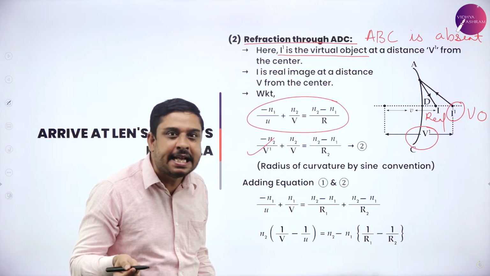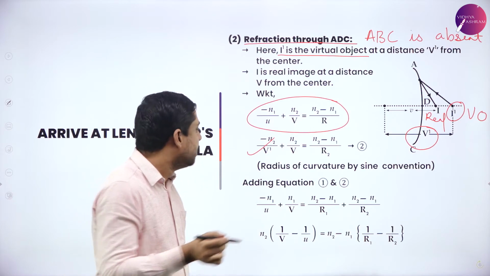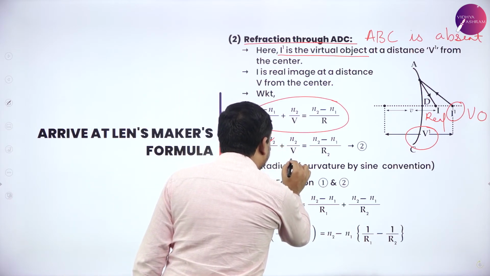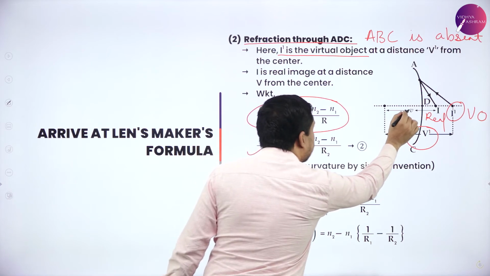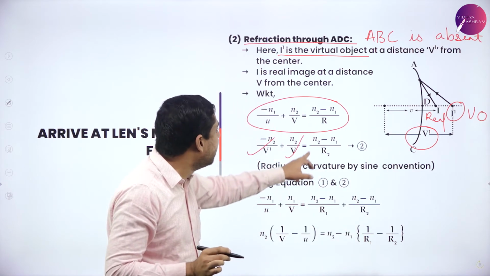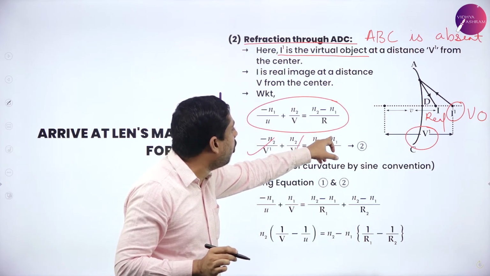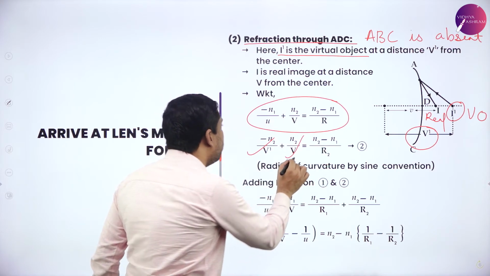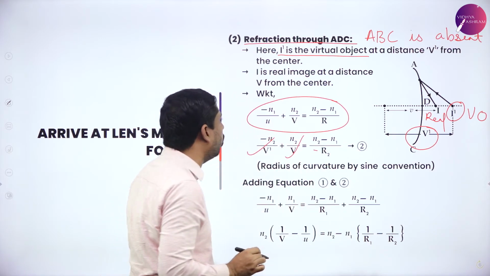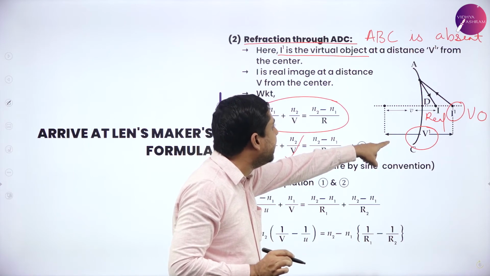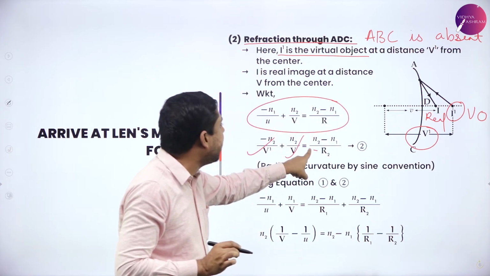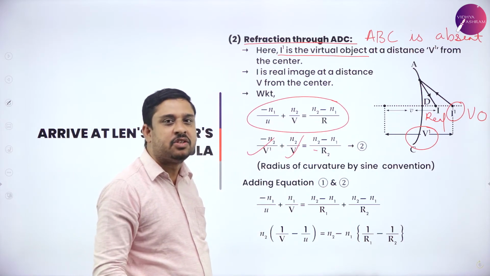It is the lens ADC. So N2 by V, because the image distance is V, equals N2 minus N1 by minus R2, refractive index of ADC. This is by convention.